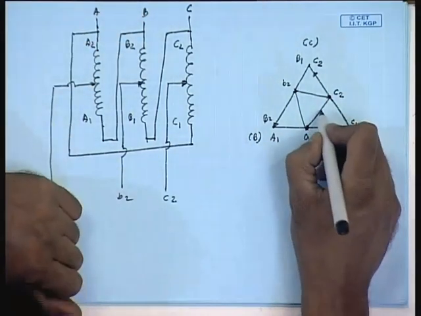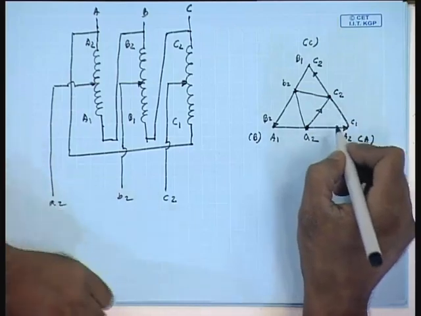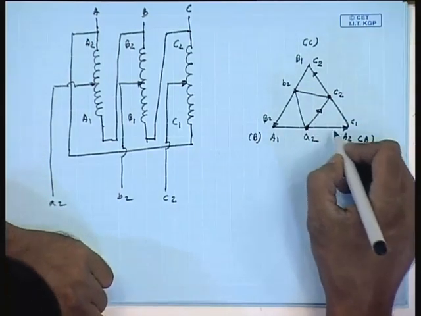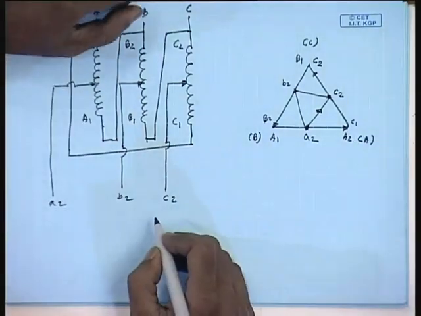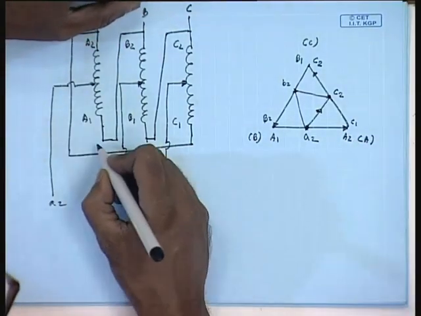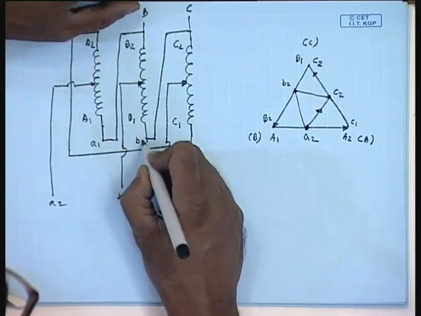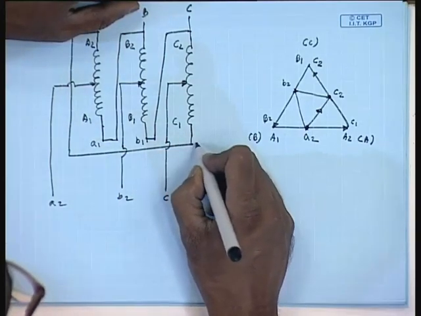This is the phasor diagram. We can call these points also small a1, small b1, small c1.